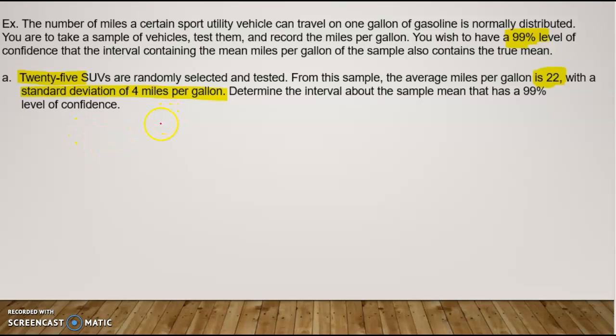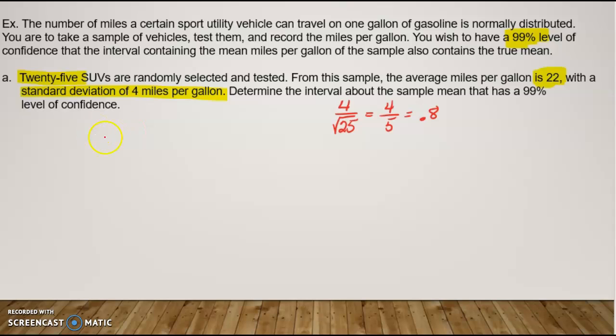So we're going to do the same thing we did before with your standard deviation of 4. You can divide it by the square root of 25, which is 4 divided by 5, or 0.8. Okay.